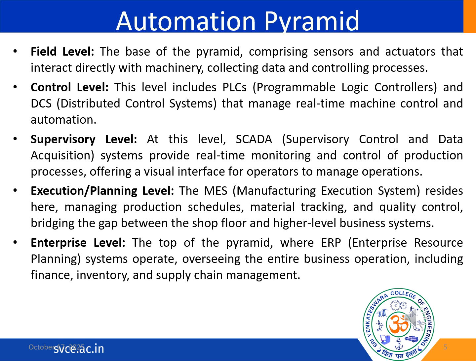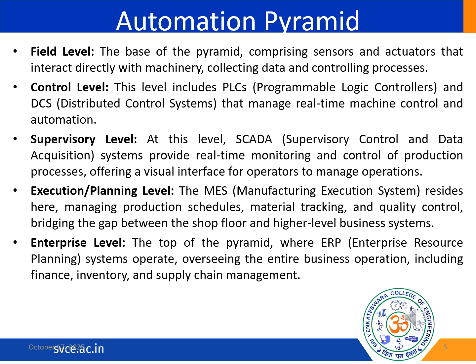The enterprise level is the management level, L4, and the execution level is the planning level, L3, and the supervisory level is L2, where it is mainly used for SCADA.